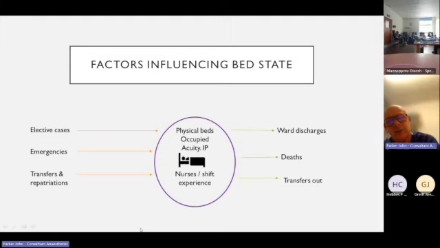And the thing about all of this is that each and every one of those individual components, probably not the number of physical beds, but everything else is dynamic. So it changes probably every hour at least. So patients that you thought were getting better on the ITU and going to the ward suddenly can't. Some might be getting better.